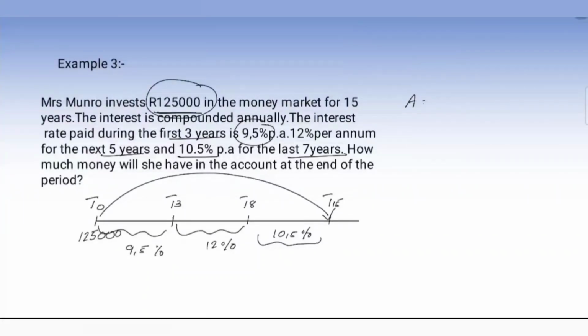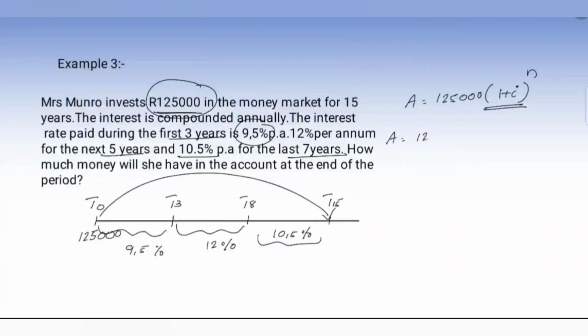Just using compound interest formula, A is equal to 125,000 times 1 plus I to the power n. That's how we do it, isn't it? Since the interest rate is changing here, you have to split this one for each of them. That is the only thing that you have to do it. And the number of years also you have to change it. Clear? So how do you write here?